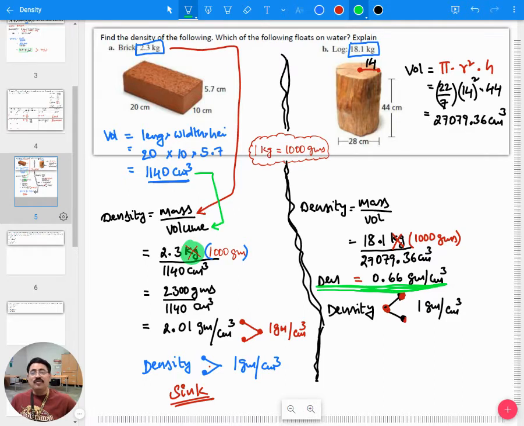Already we had a discussion earlier that if it is less than 1 gram per cubic centimeter, then it floats on the surface of water. Don't forget, less than 1 gram per cubic centimeter floats, more than 1 gram per cubic centimeter sinks. Any questions? Please quickly type in the chat box.